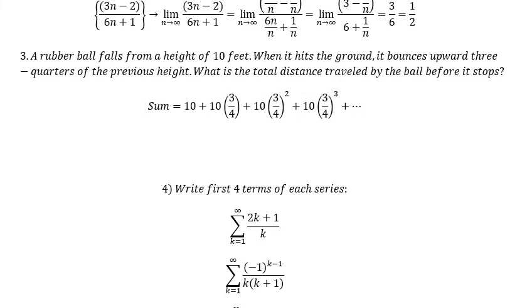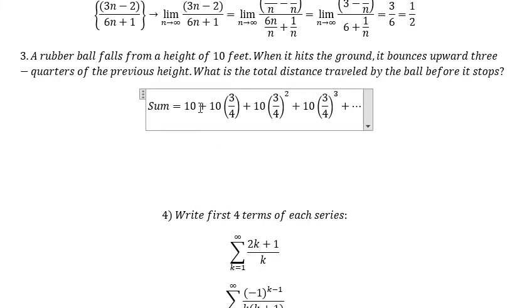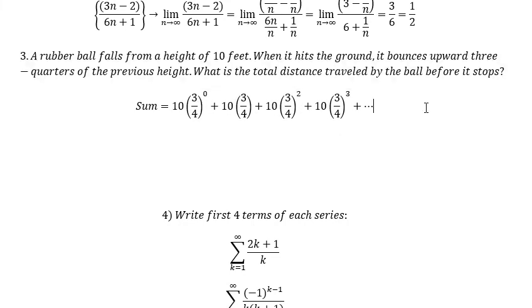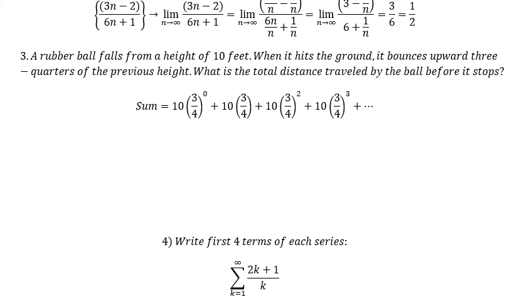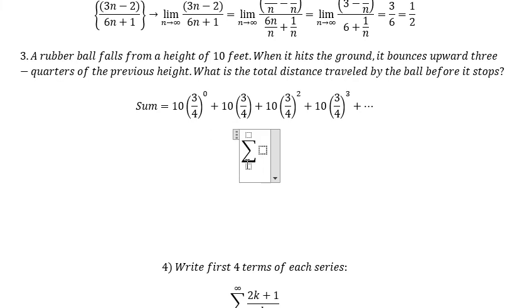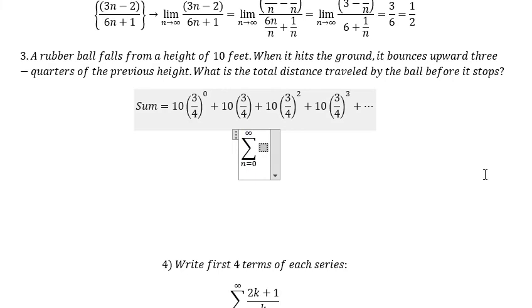In this situation, the 10 in here is just like 10 times 3/4 to the power of 0. And now we can create the series. That is the summation from n equal to 0 to infinity of 10 multiplied by 3/4 to the power of n.